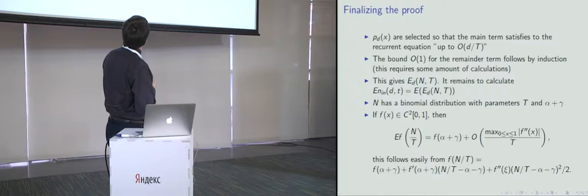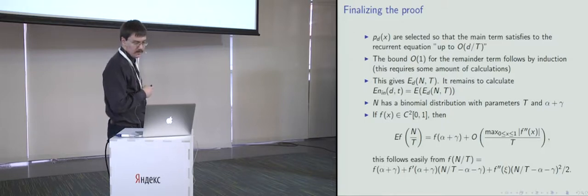The recurrent equation gives such an estimation of the remainder terms, and accurate induction allows us to prove that the remainder term is uniformly bounded over all degrees.